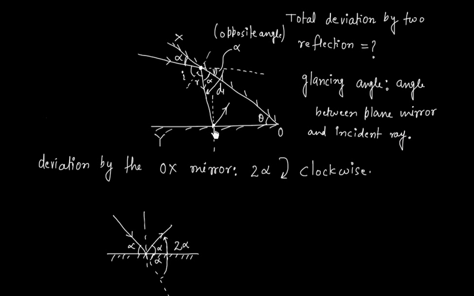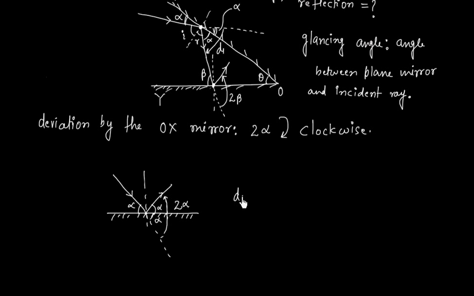Now let us consider the second case of reflection. Let us say this ray is glancing this plane mirror at an angle of beta. So what is the total deviation for this ray? This ray will deviate in this direction with an angle of 2 beta, because we have proved that if the angle of glancing is alpha, then the deviation is 2 alpha.